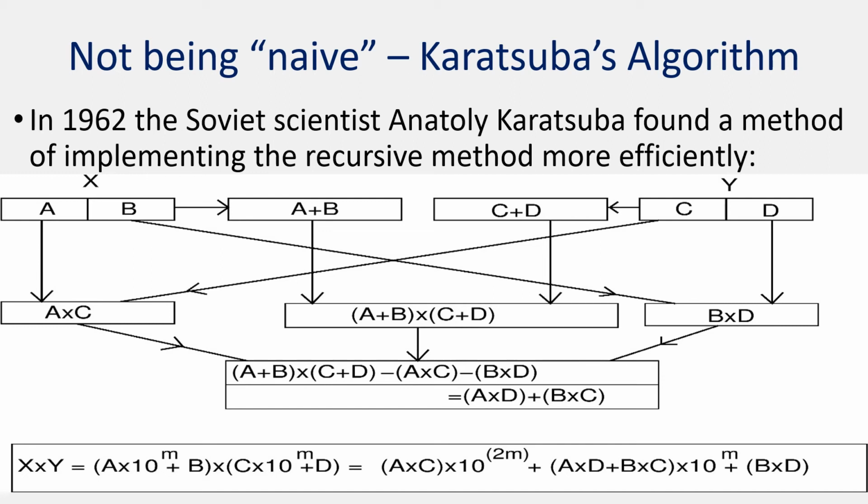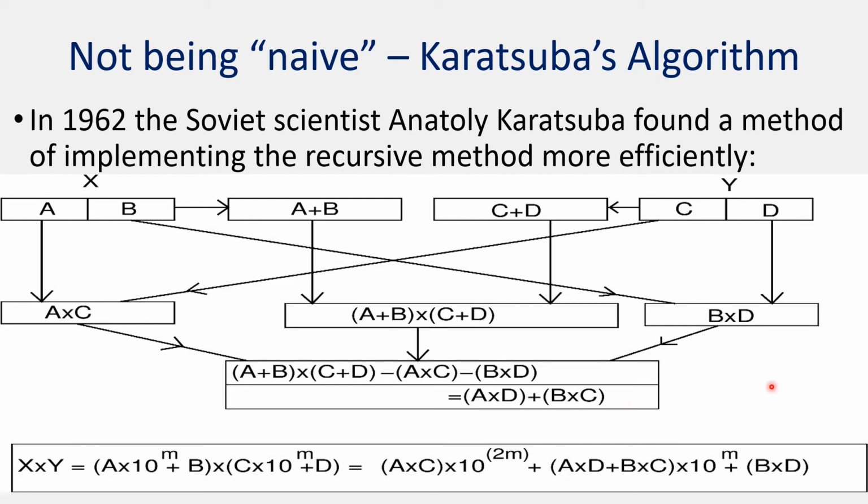In fact, this computation is the key to the whole algorithm. What happens? We take this object and we subtract from it this object that we've already computed and this object that we've already computed.